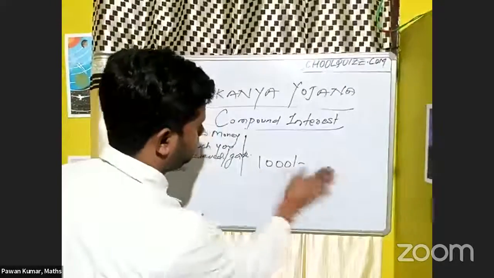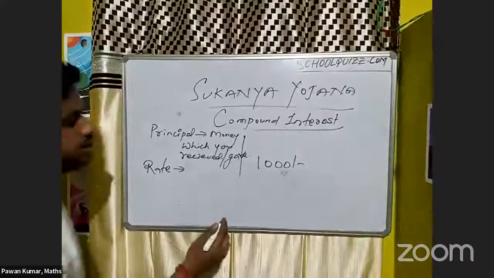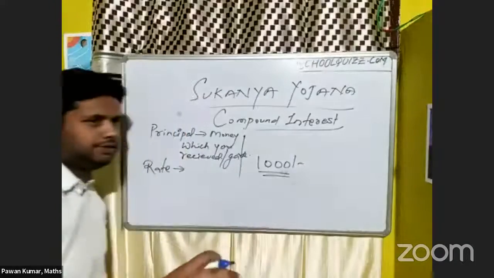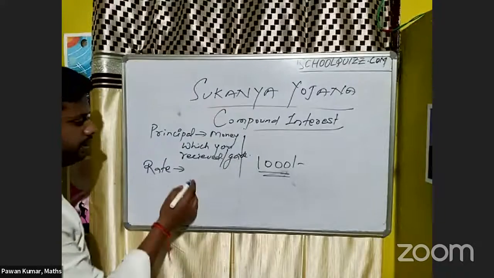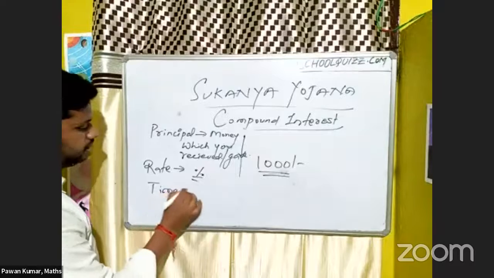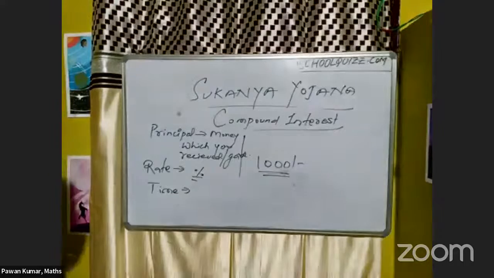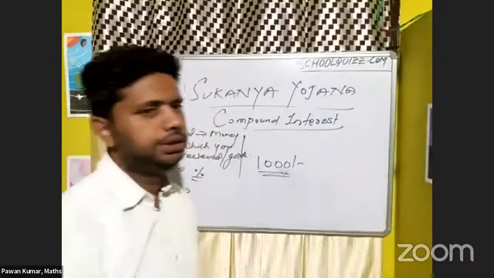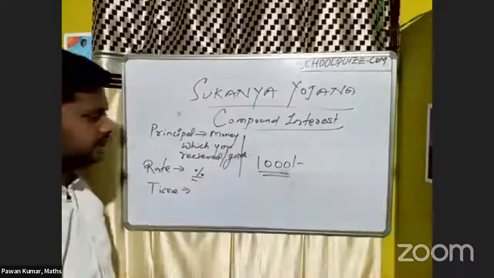So basically the rate is how much charge you are taking for that amount, mentioned as a percentage. Time is for how much time you are giving the money to that person. Suppose they take it for 1 year or 2 years, and you take the charges according to that.